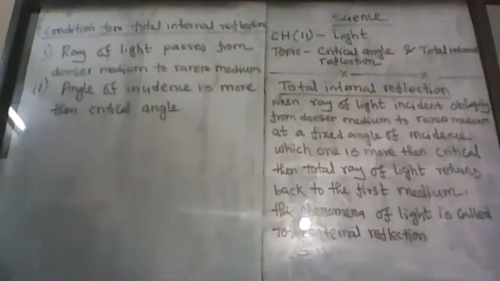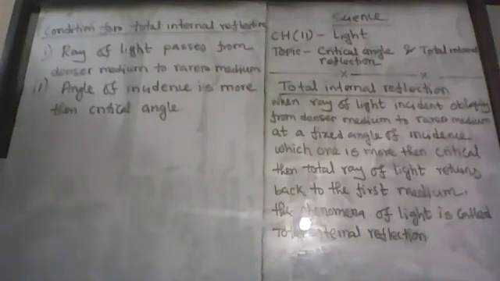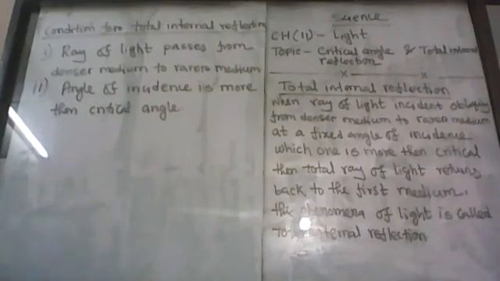So in this case, you can say that the angle of incidence is more than the critical angle. So these are the two conditions for the case of total internal reflection. I repeat, boys and girls, these are the two conditions for the case of total internal reflection.